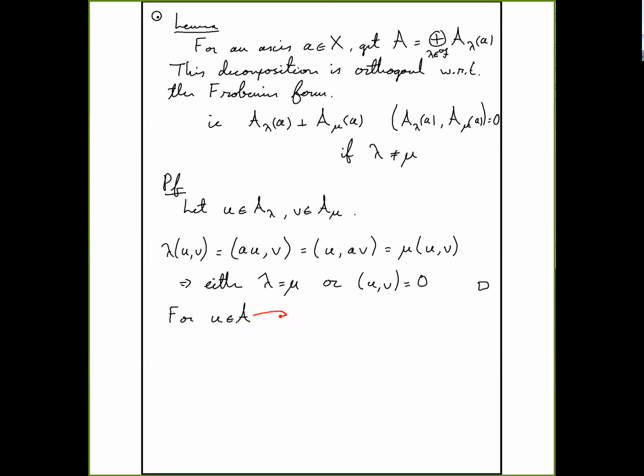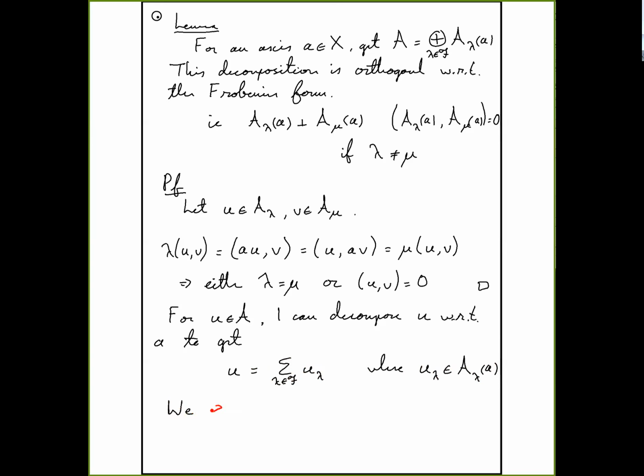So for U in A, I can decompose U with respect to A to get U being equal to some sum of U lambdas, where U lambda lies in the lambda eigenspace with respect to A. And so I can consider these U lambdas.